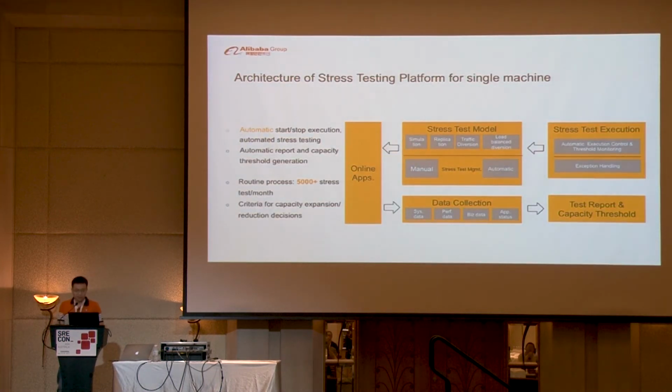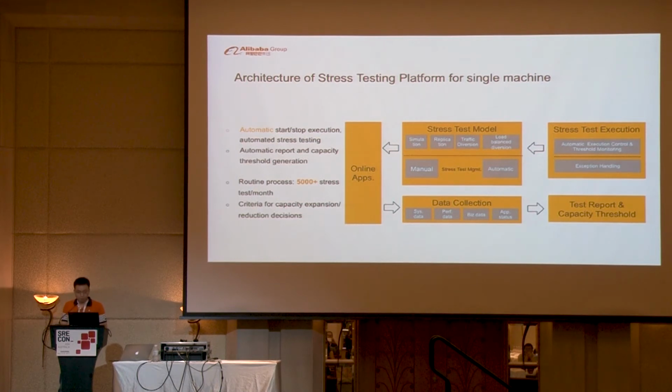We do all these things on the single machine stress test platform. A test will be triggered automatically or manually. We always start a single machine test after a new release. We must be very cautious about this because we are doing stress tests in production environment and mustn't affect the user experience.